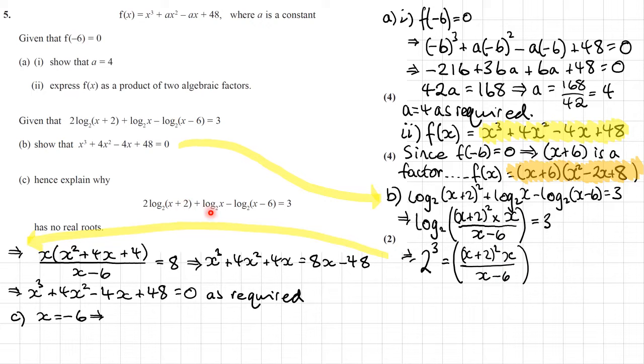We can't do the log of a negative number, it's not defined. So no roots here, or no roots with x equals negative 6, as we cannot do the log of a negative number.